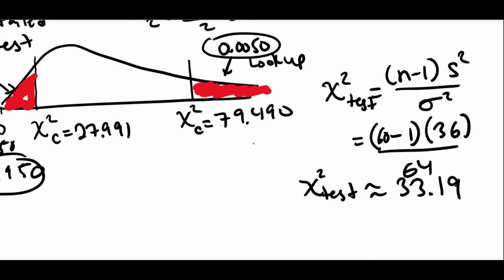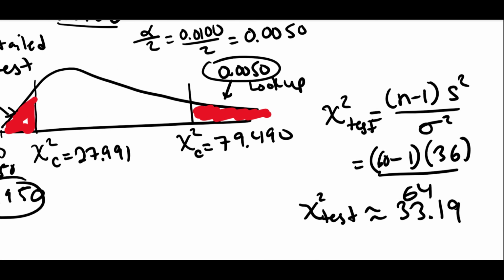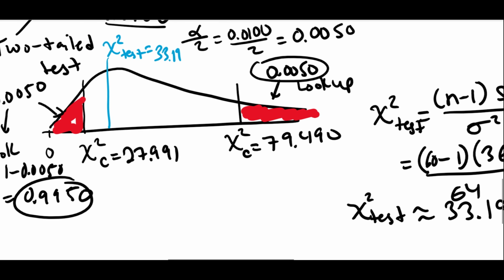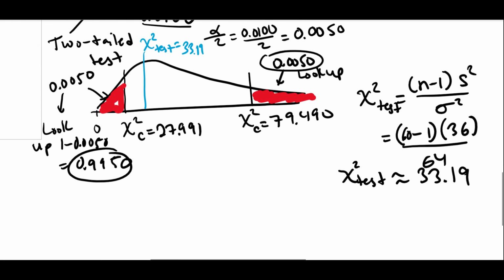That's going to be somewhere between these two critical values, probably closer to here than anything. So that's my chi-squared value, somewhere around there, which means we are outside of our rejection regions. We're not inside the red, so we're going to fail to reject here.